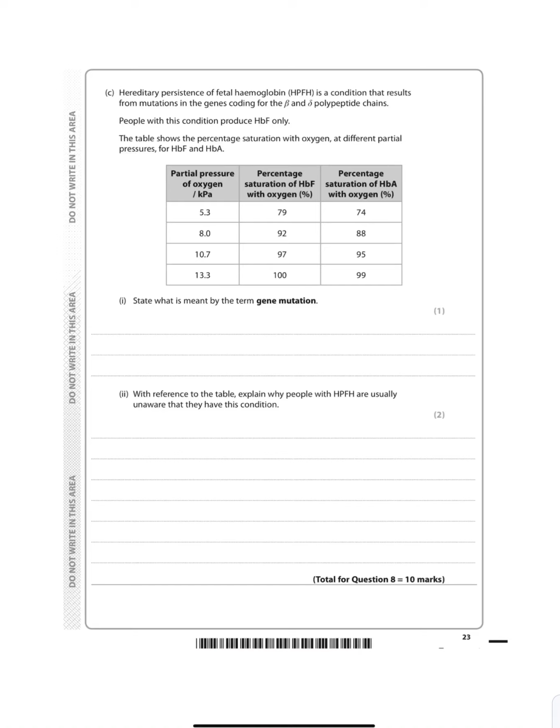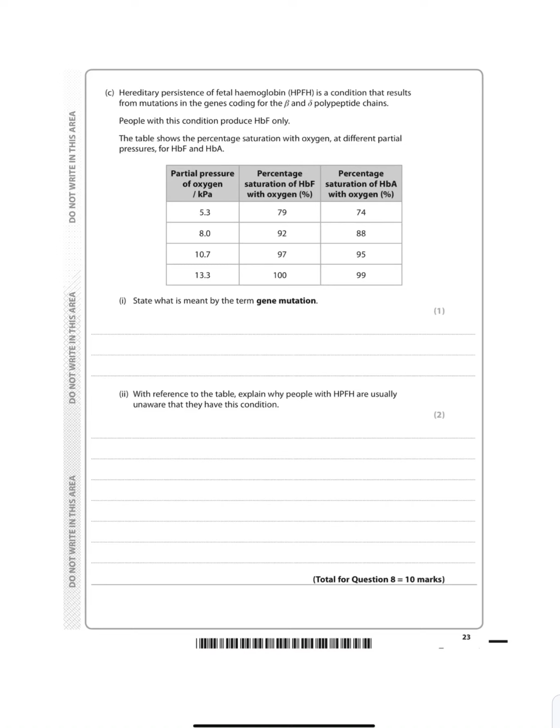So the bases of the code for the same amino acid might be different. C. Hereditary persistence of fetal hemoglobin is a condition that results from mutations in the genes coding for beta and delta polypeptide chains. People with this condition produce HbF only. The table shows the percentage saturation with oxygen at different partial pressures for hemoglobin F and hemoglobin A. What is meant by the term gene mutation?